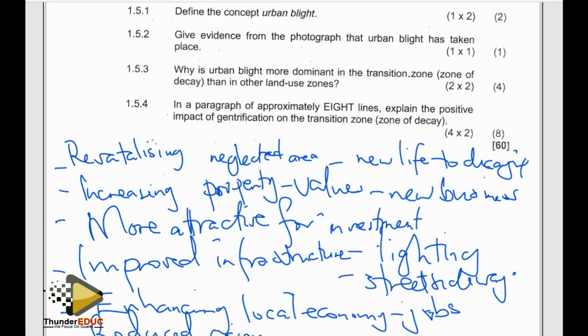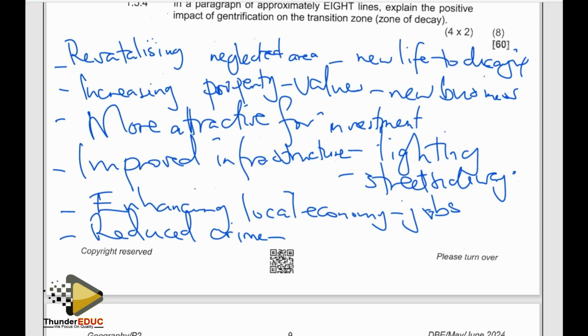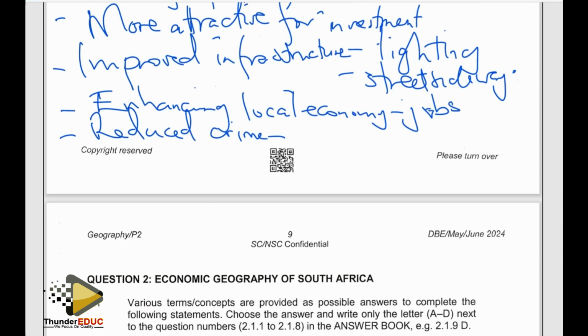They can no longer afford staying there, or keep illegally occupying such buildings. Which will also mean that crime levels are going to get reduced, and that is going to have a positive implication on the society of the people in the zone of transition. Those are some of the possible responses.